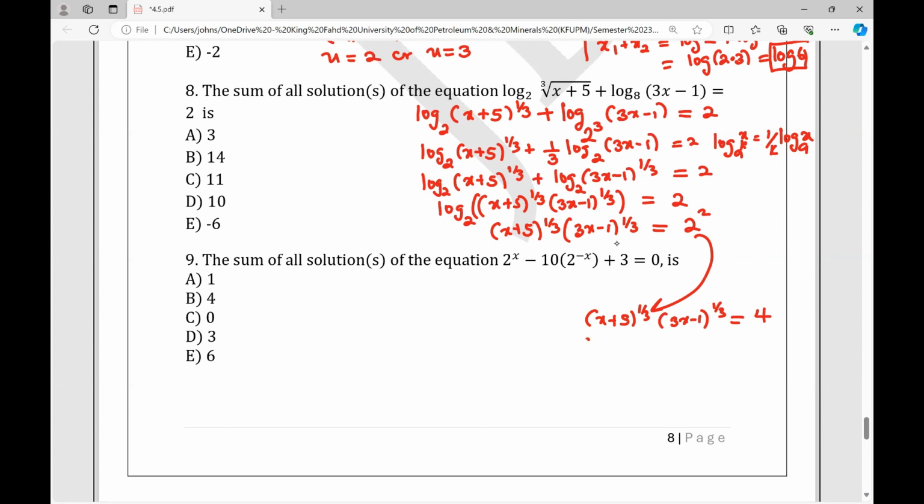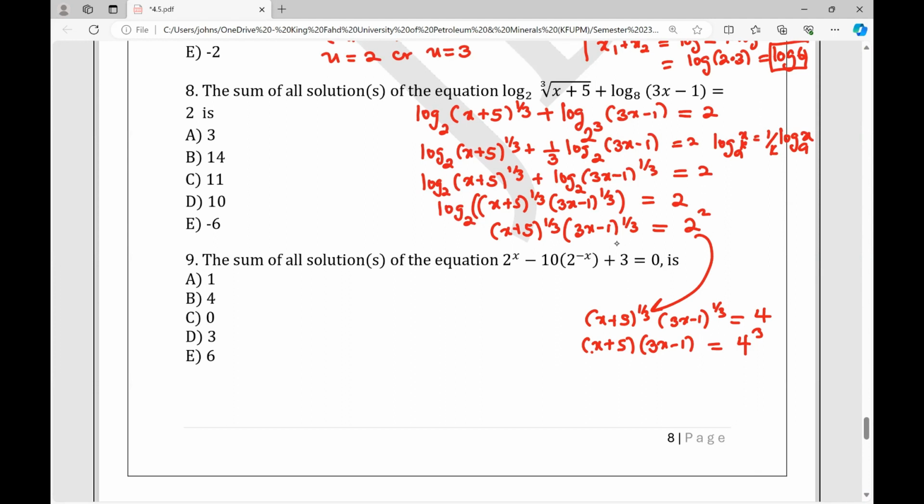If you cube both sides, this will become x plus 5, and this will be 3x minus 1, but this will become 4 cubed. So now we have to solve this equation. So now we have to solve x plus 5 multiplied by 3x minus 1 equals to what? Equals to 64.